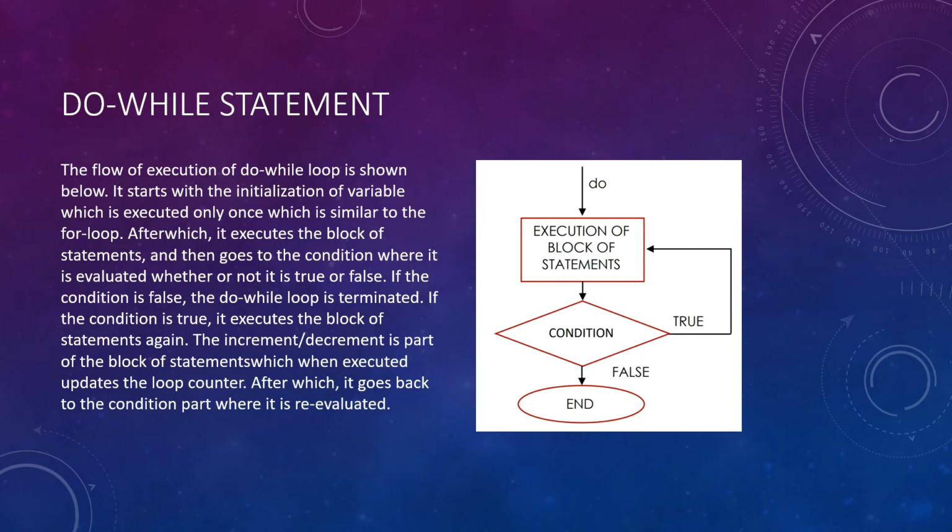If the condition is false, the do-while loop is terminated. If the condition is true, it executes the block of statements again. The increment or decrement is part of the block of statements which, when executed, updates the loop counter. After which, it goes back to the condition part where it is reevaluated.